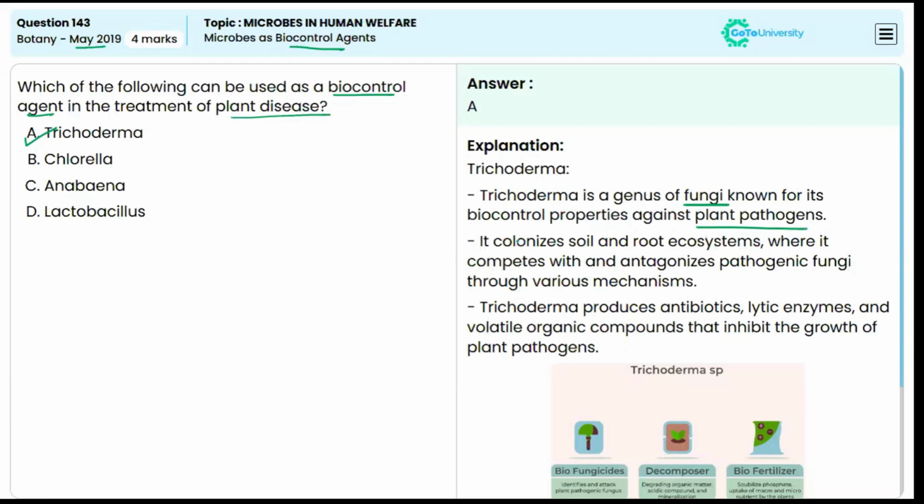It colonizes soil and root ecosystems where it competes with and antagonizes pathogenic fungi through various mechanisms. Trichoderma produces antibiotics as well as lytic enzymes and volatile organic compounds that inhibit the growth of plant pathogens. So they are biofungicides, they are decomposers, as well as biofertilizers.